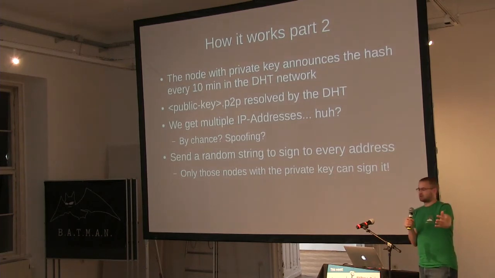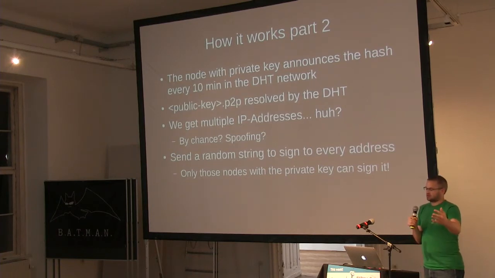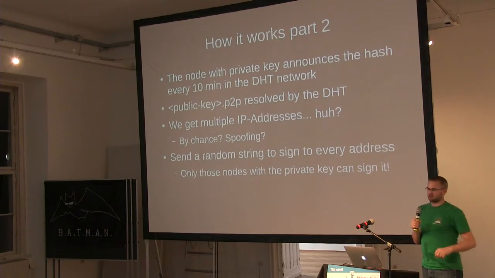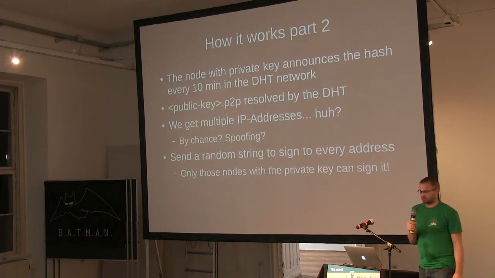I send a random string, and what comes back is a signed string. With the public key, I can say, oh, I can decrypt it, and if it's the random string I've sent out, then I know the other side has the secret key, so that's the IP address I will forward to my SSH client I've just started, or whatever address I've tried to resolve.